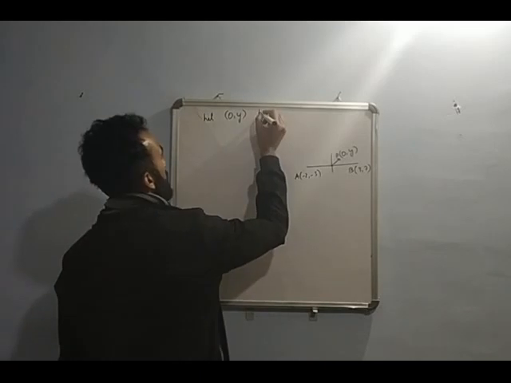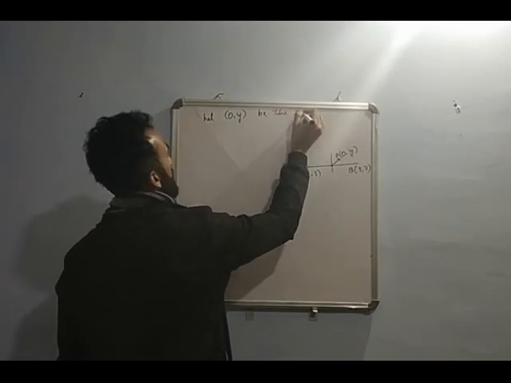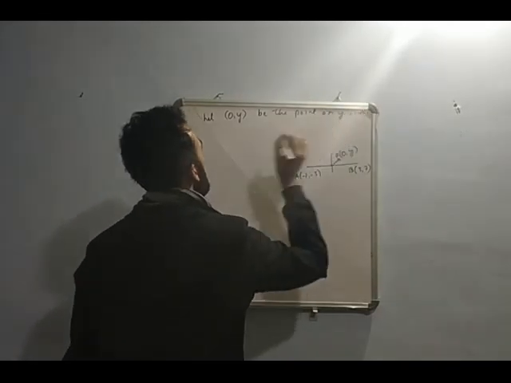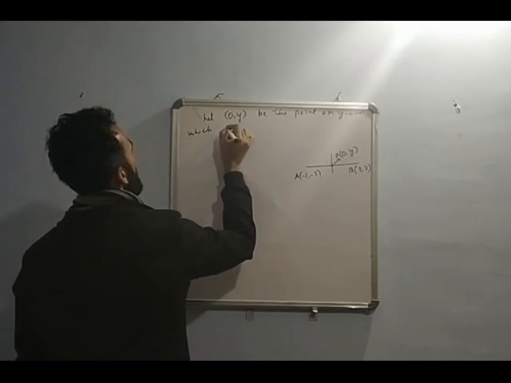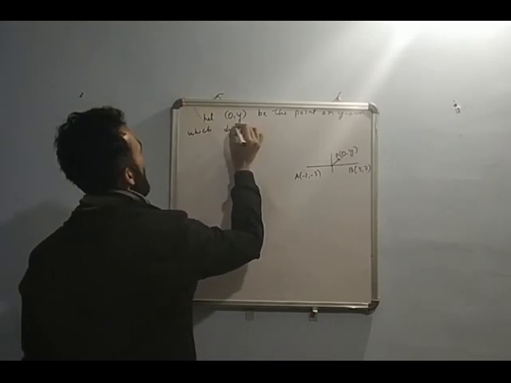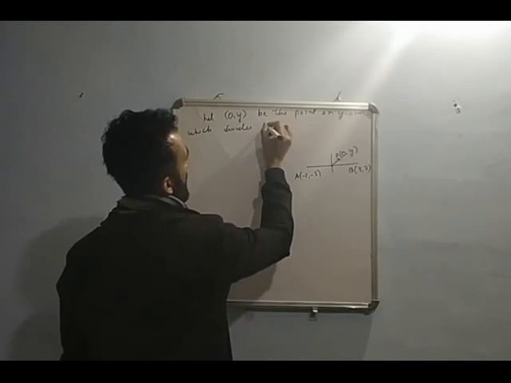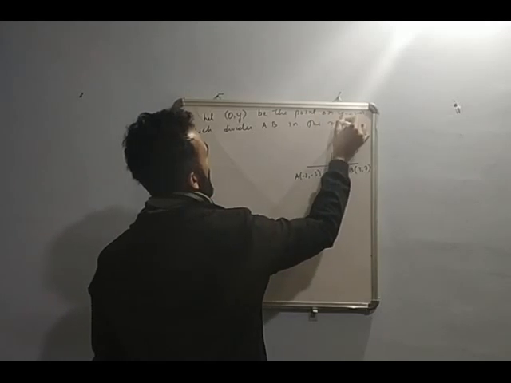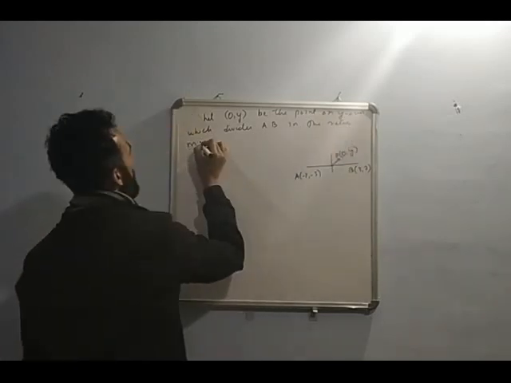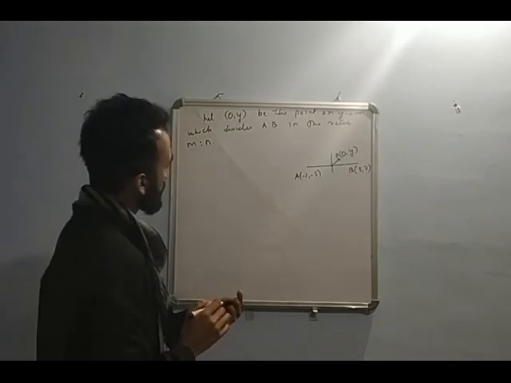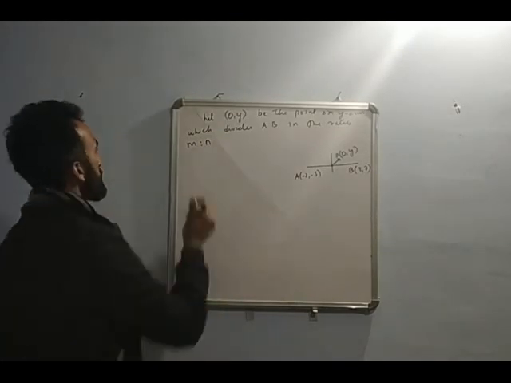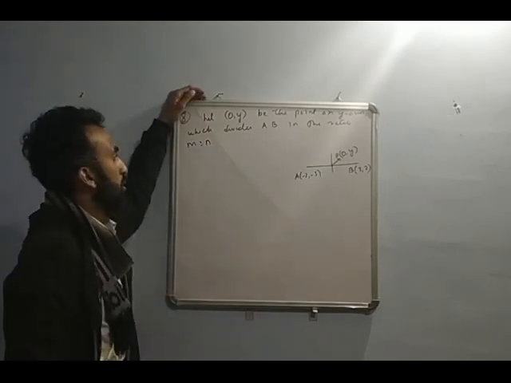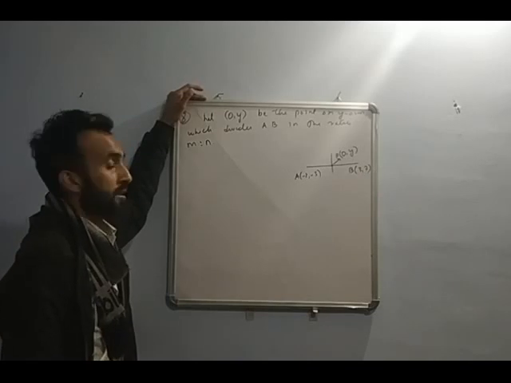Let (0, y) be the point on the y-axis which divides AB in the ratio m is to n.